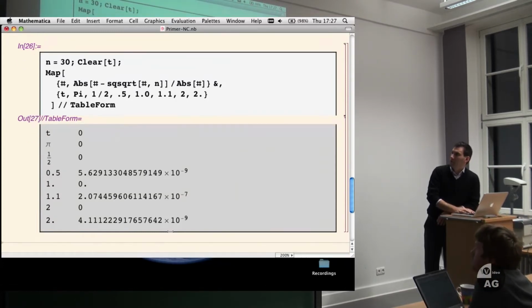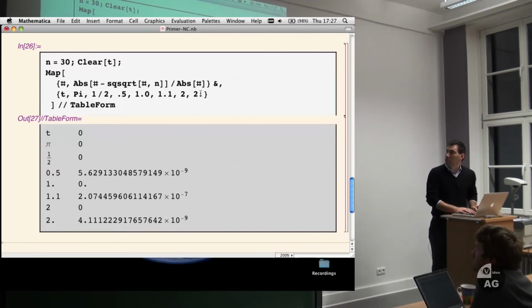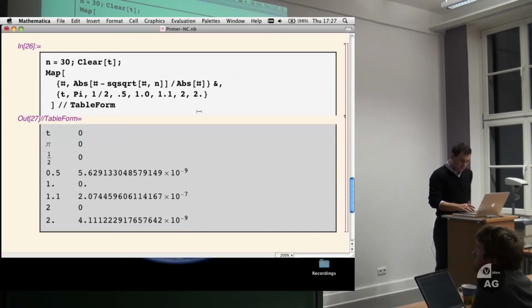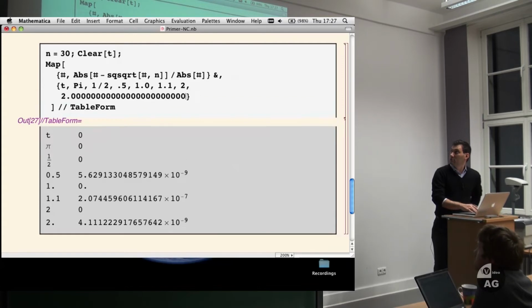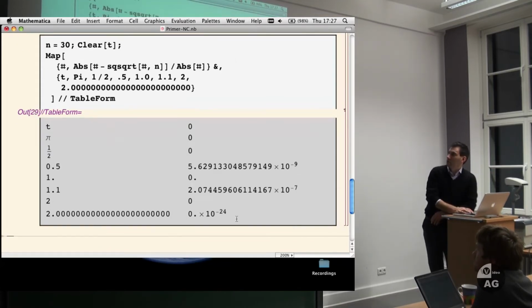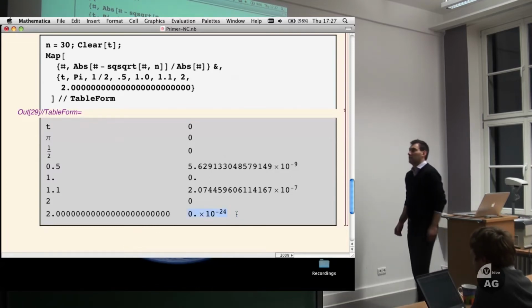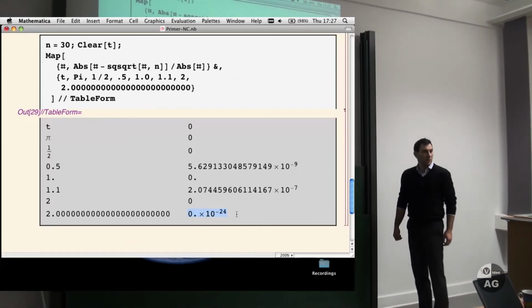Okay, see how many digits we have lost. So now let me try this. I tell Mathematica to use many more digits. Yeah, 1 second. Look at that. Now I have gained accuracy.